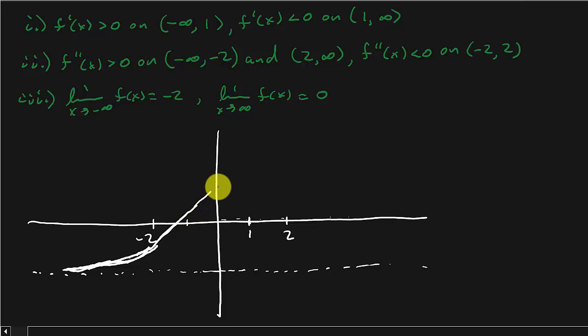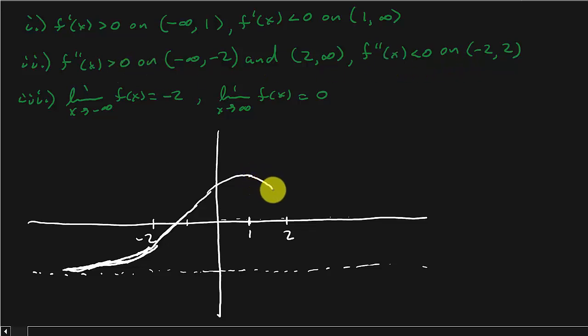All right. And let's see, at 1 it's going to start decreasing. So here it's going to start decreasing. So we know it's going to turn and come back down. And from -2 to 2, it is concave down because the second derivative is less than 0.